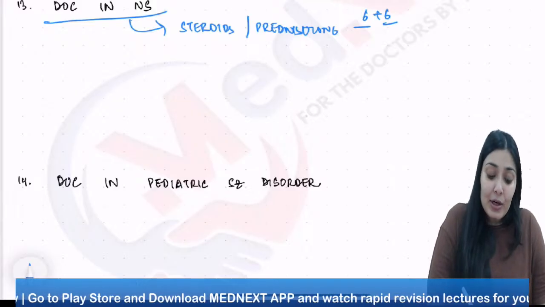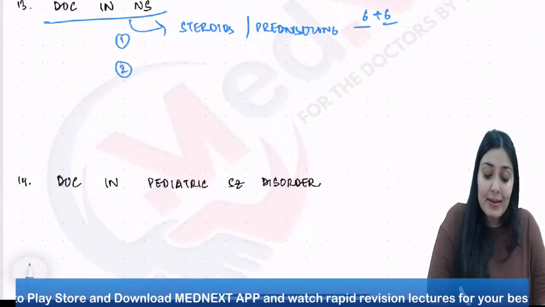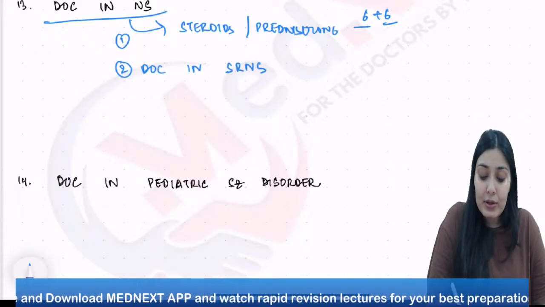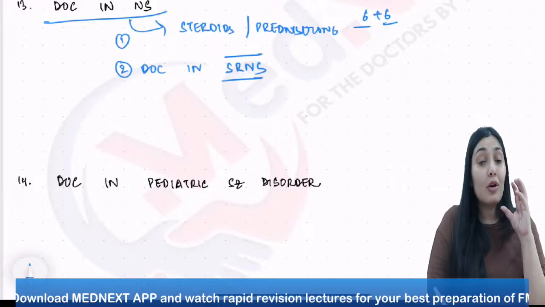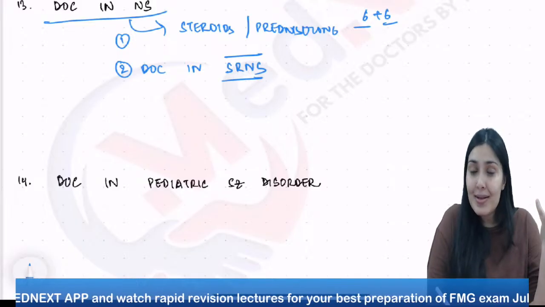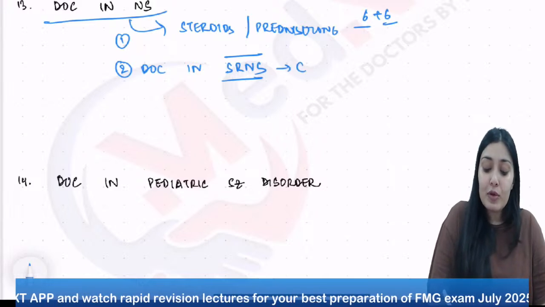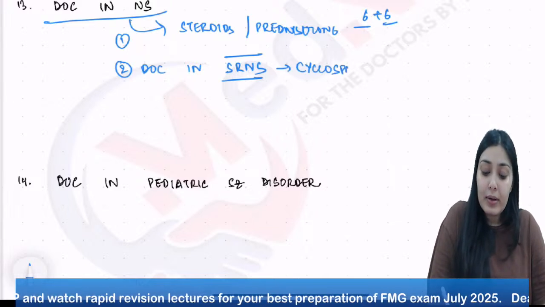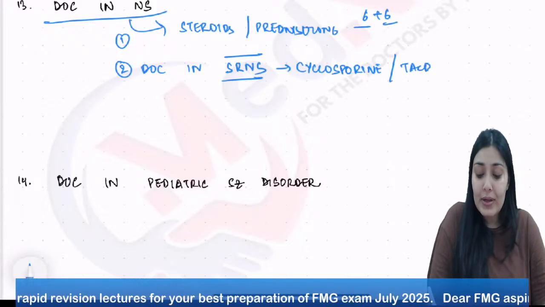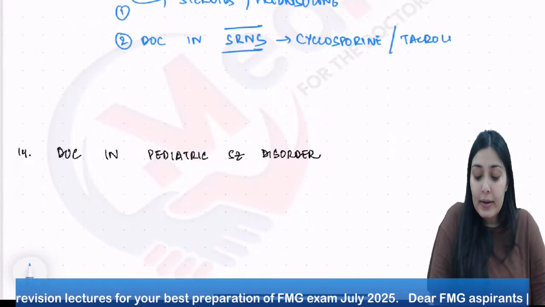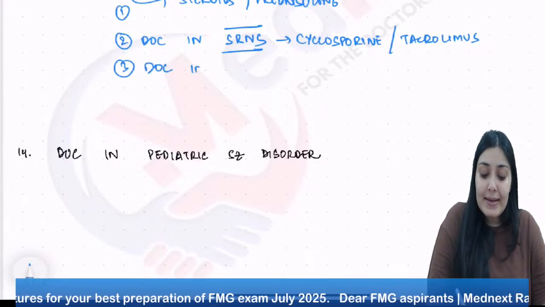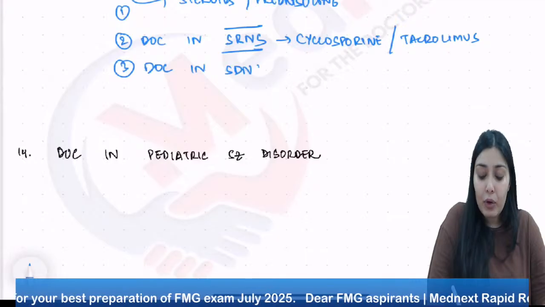Right? The second question they ask over here is drug of choice in steroid resistant nephrotic syndrome. Remember, whenever the term resistant comes to you, remember by the mnemonic, spores are resistant, right? So here the answer would be cyclosporin, tacrolimus. Cyclosporin and tacrolimus, calcineurin inhibitors, right? The third question would be drug of choice in steroid dependent nephrotic syndrome.